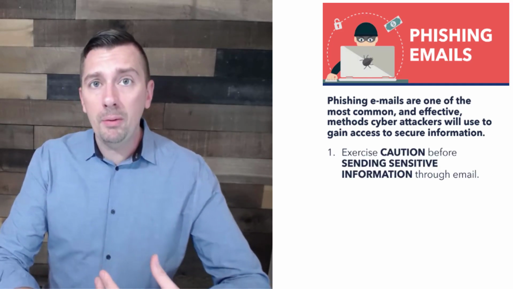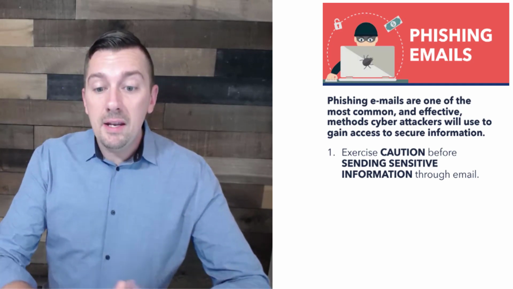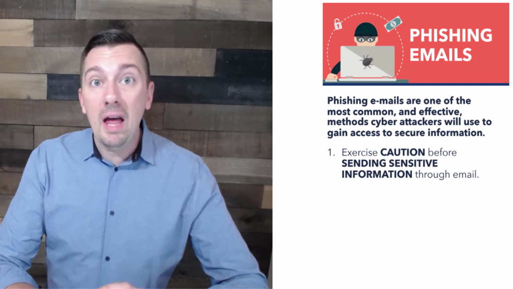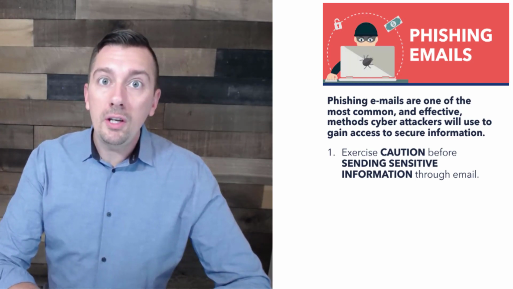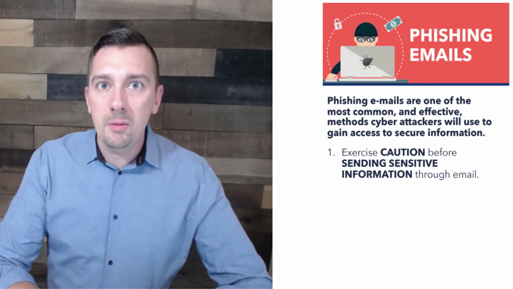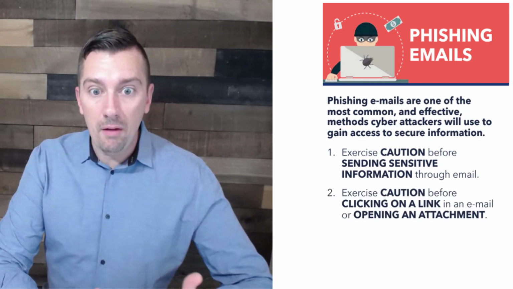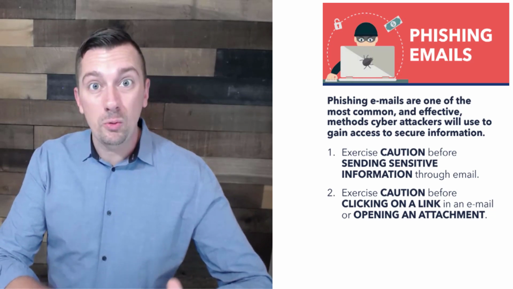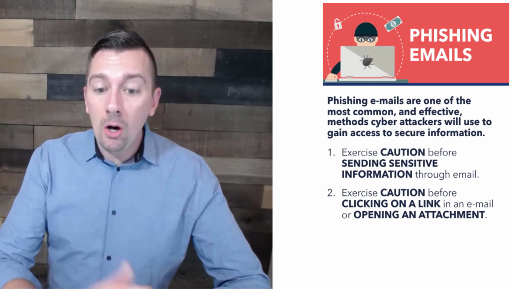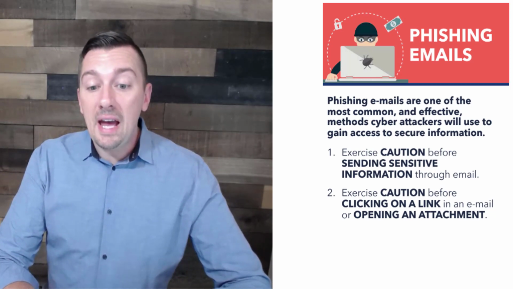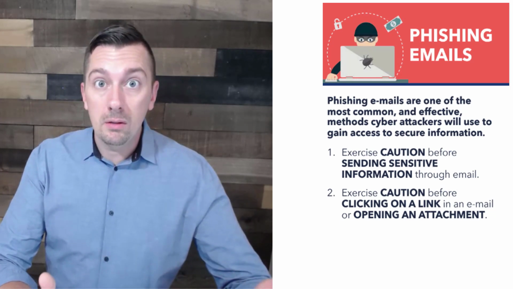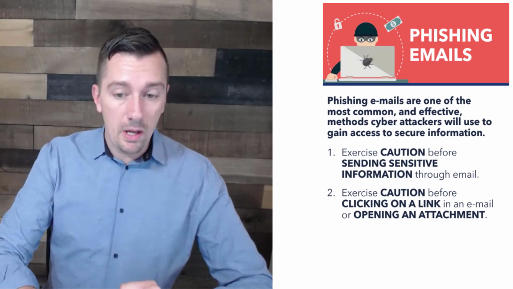I'll talk about a couple of things that you can do. First of all, be very careful about sending sensitive information through email at all. If you're looking to send something and you think, I probably shouldn't send this, maybe just call the person or talk to the person. Also, before you click on a link or an attachment, make sure it is from the person you think you're supposed to be having that conversation with.